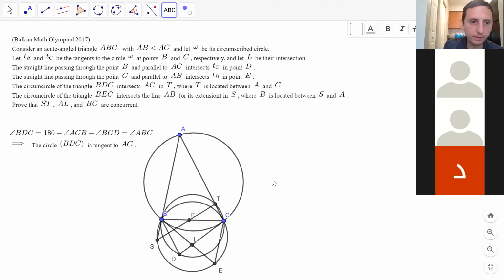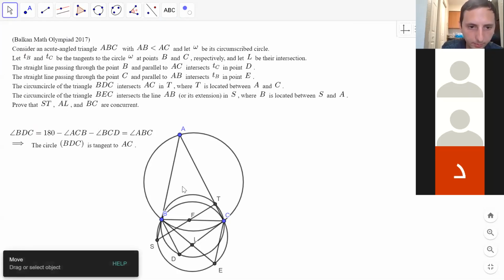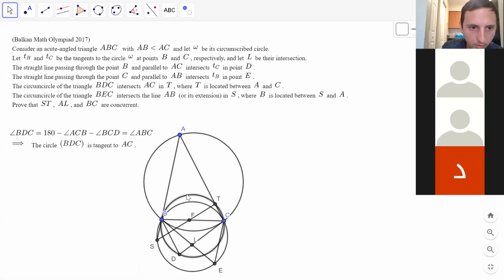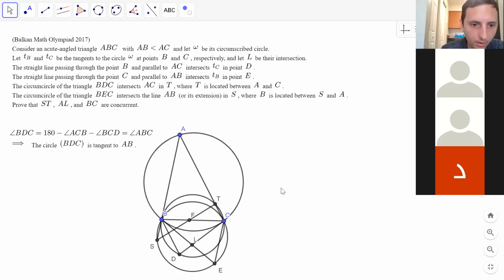Are you sure you don't mean tangent to AB? Yeah, you mean tangent to AB. All right, it's all good. And so from there, ultimately, we wanted to show that BT is parallel to SC, right?